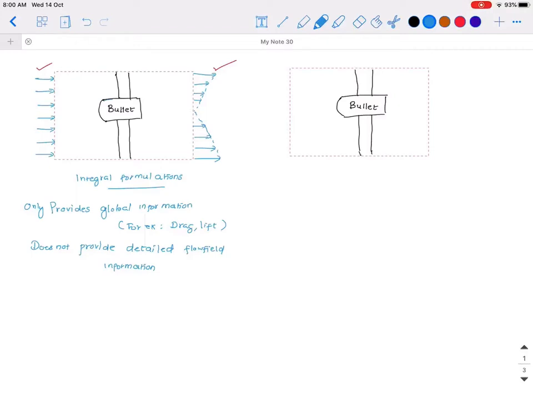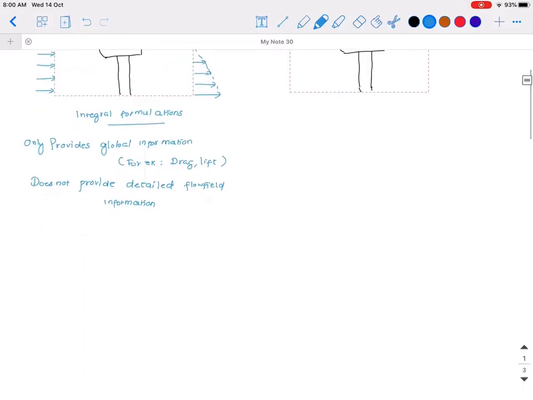increase is happening, because detailed flow field information is not available from integral formulation. In other words, the control volume is treated as a black box.